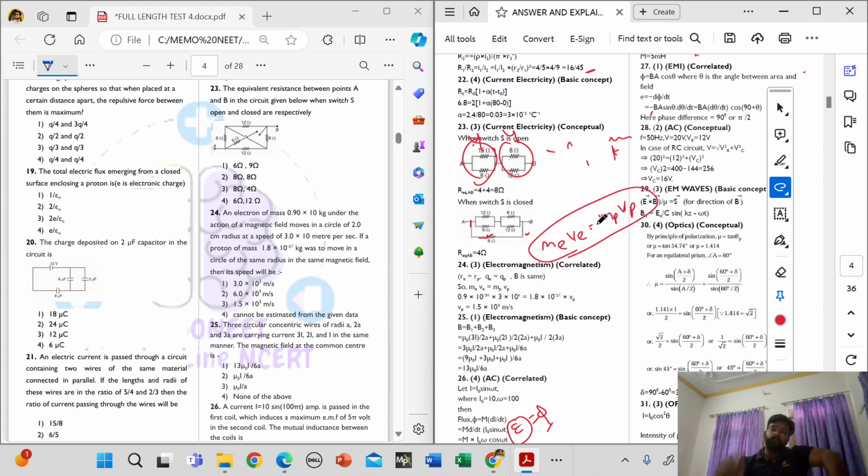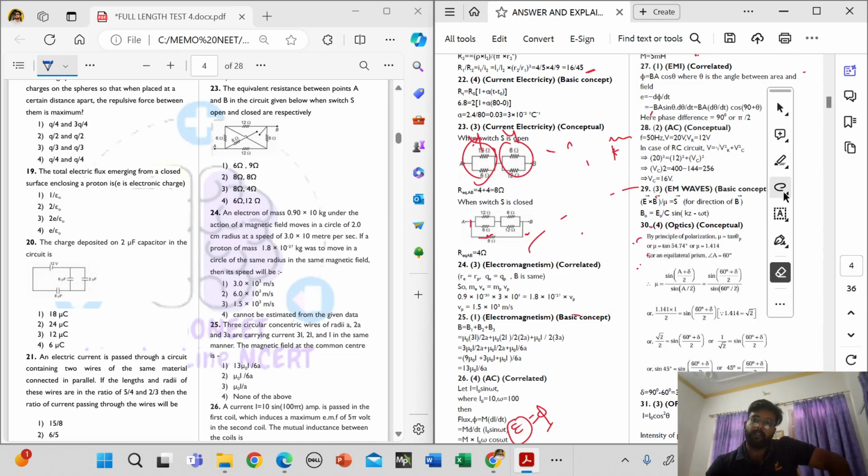We are given the mass of the electron, the velocity of the electron, and the mass of the proton, so we can calculate the velocity of the proton from here. Simple question. Just from the relation of the magnetic field, that in a magnetic field the force qvB is equal to the centripetal force mv square upon r.